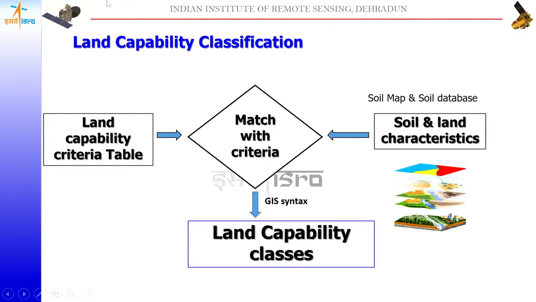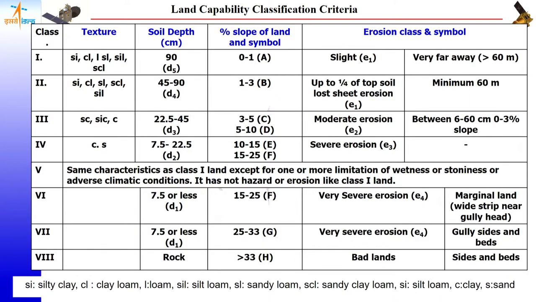You have the soil and land characteristics map, the soil map. You have the criteria; land capability criteria tables are available in literature, in books. You match both: what soil characteristics are there, what different capability class characteristics are there, and then we are able to identify the land capability class.